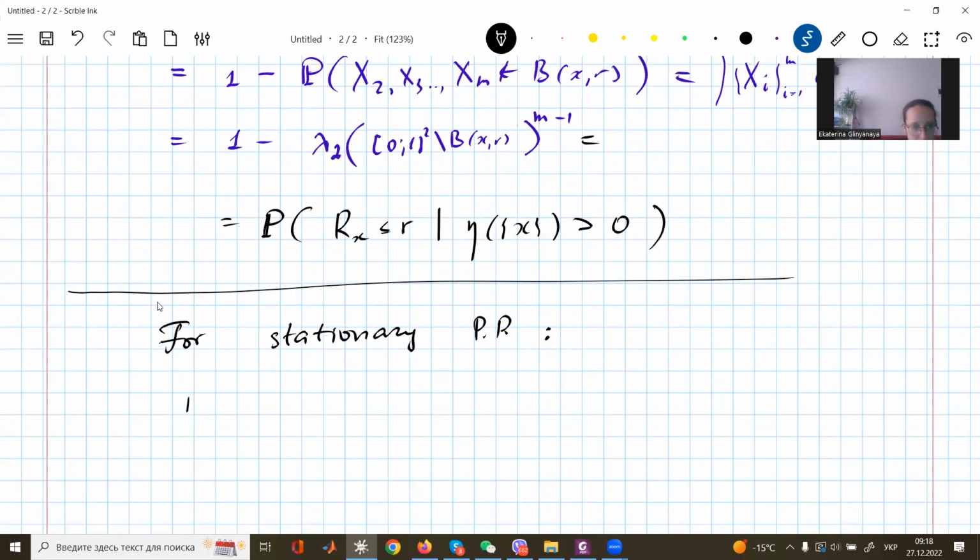So a conditional distribution I will write by R_x, the singular distance.